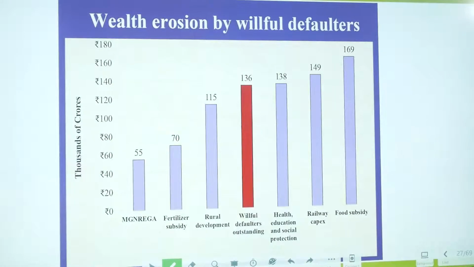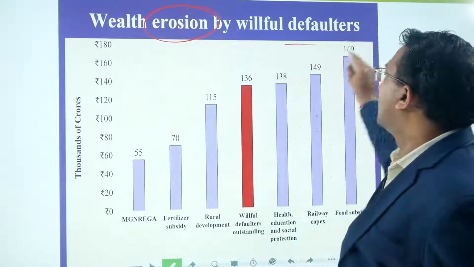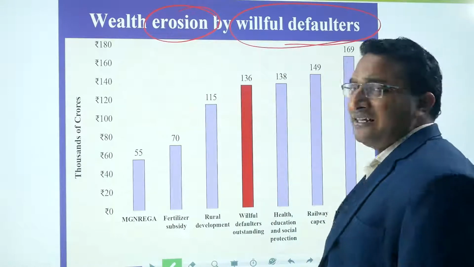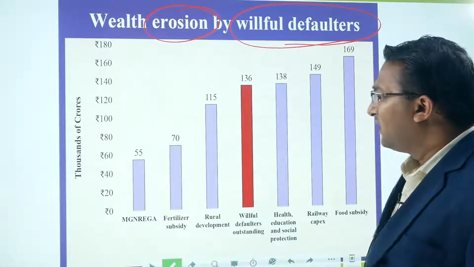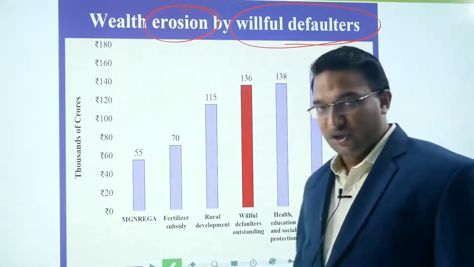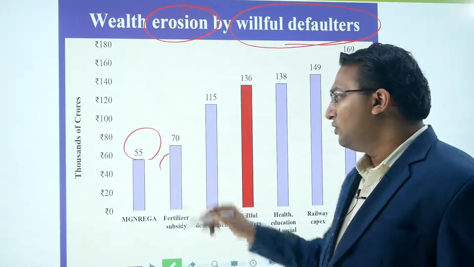You can see the extent of wealth erosion or the loss which has been caused by the willful defaulters like Vijay Mallya, Nirav Modi. If we see the social sector expenditure, the expenditure in the MGNREGA is 55,000 crore.